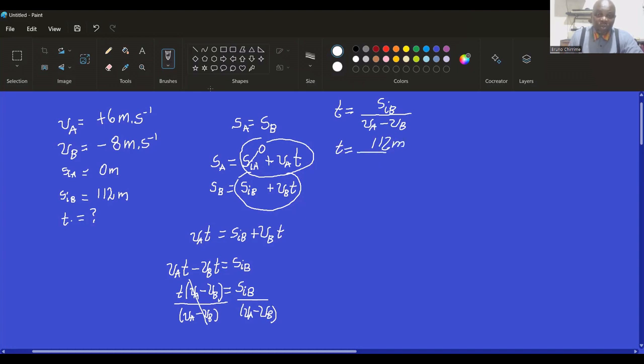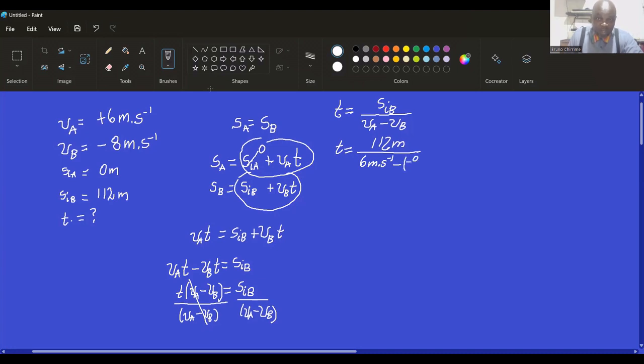We have to be careful. We open brackets because the velocity of cyclist B is already negative. So we open brackets, minus 8 meters per second. I left the meters per second outside the brackets. Now, minus, that is the same as just crossing those two minuses. And then we'll see what we get.